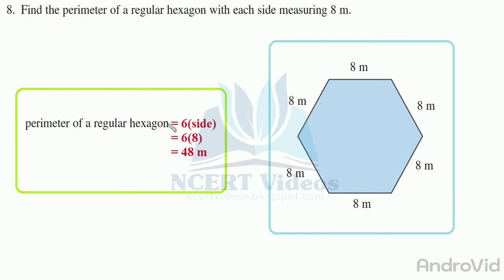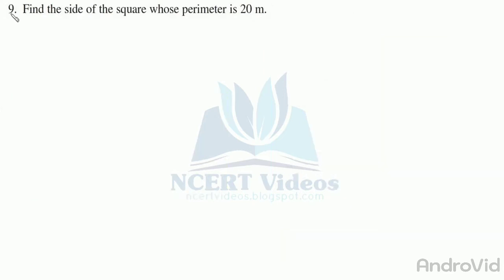The perimeter of a regular hexagon is equal to 6 into side and side is 8 meter in this case. Therefore 8 sixes are, when you multiply it you get 48 meter as the perimeter of a regular hexagon.